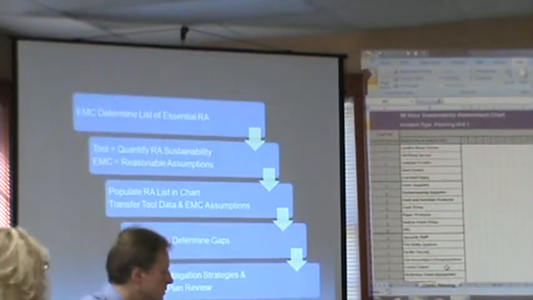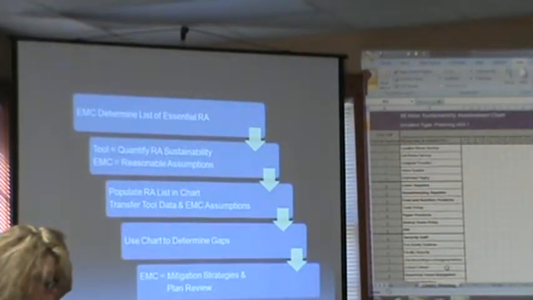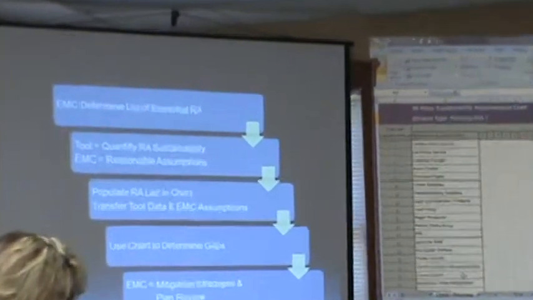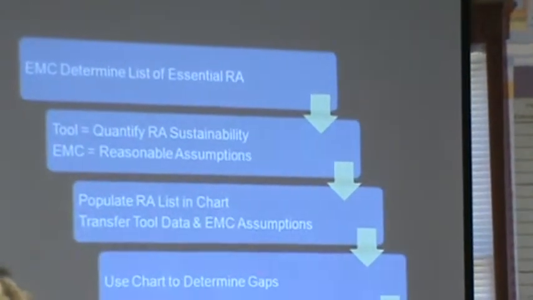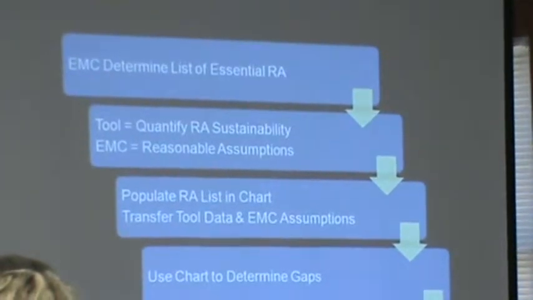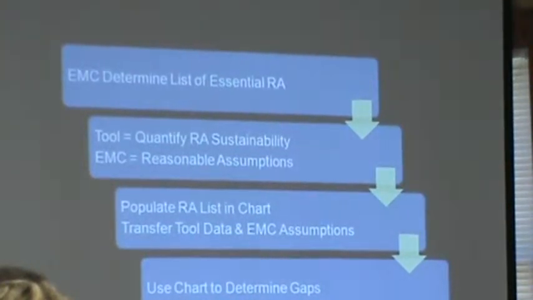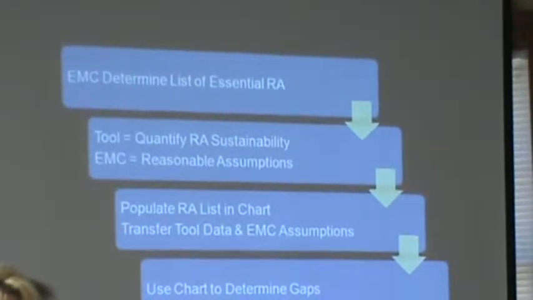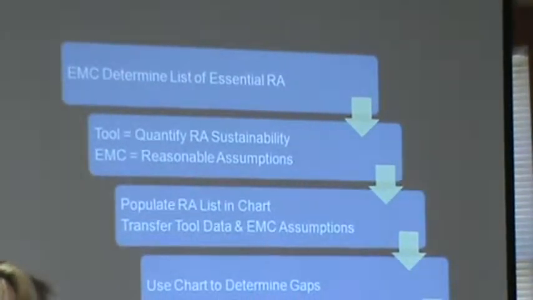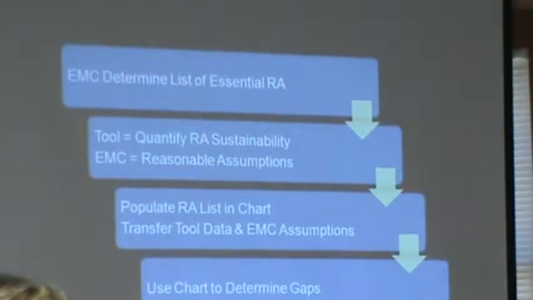Going to the next slide, here's a simplified chart that visualizes the process that we're offering here for use of this tool and chart. The first step would be for the Emergency Management Committee to determine the list of resources and assets that are essential to the hospital's emergency operations. The next step would be for each of those resources and assets, to use the tool, where the tool can be used, to quantify the sustainability period of the resources. The tool cannot be used for determining sustainability of some items.